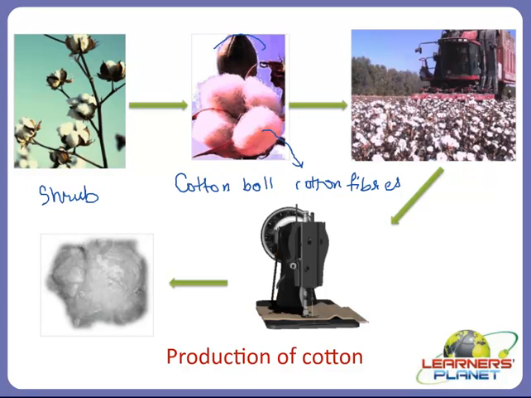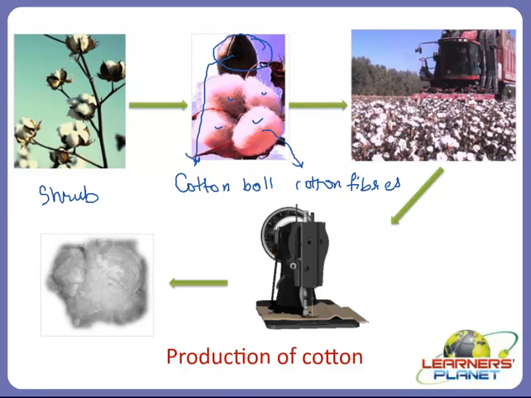So basically this is the cotton ball, and this white colored fluffy thing which you can see here are the cotton fibers. So the cotton plant has a small green fruit called the cotton ball, and the ball has seeds inside it which are surrounded by these cotton fibers.